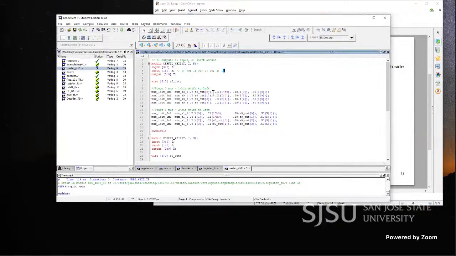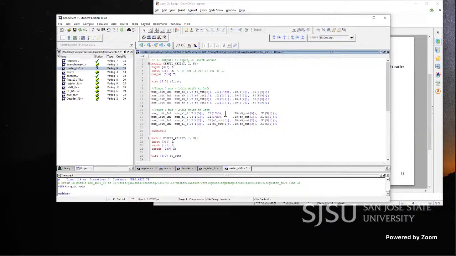So for the first multiplexer, I select the input to be 0. And then for the next multiplexer, I connect I0, I1, I2. So basically, by the connection of the wires themselves, we are shifting the bit positions from one place to another towards the left. This is just by connection.